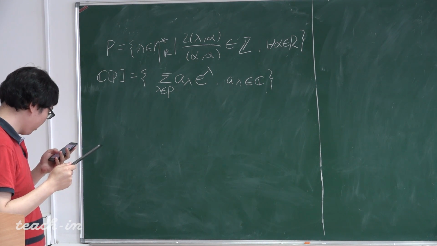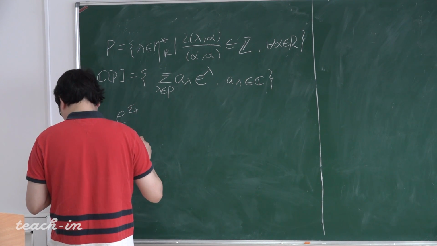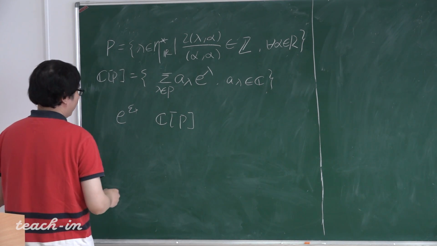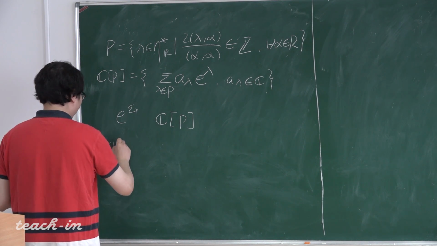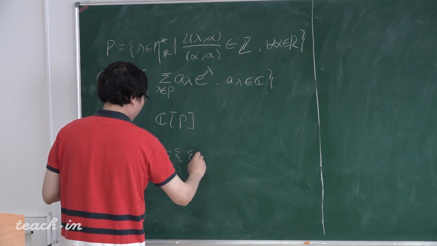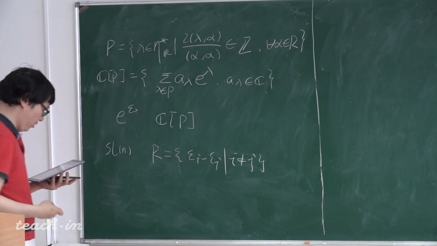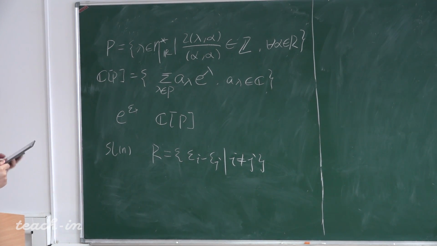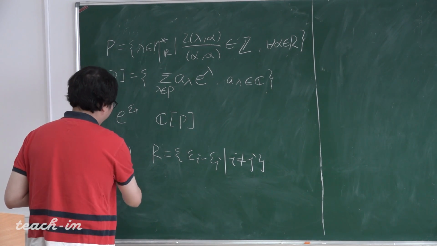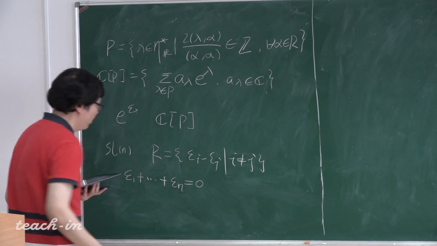Okay, so we want to prove that E generates C. First, we should see in SLN, the actual root system in SLN will be J. This is the conclusion we already have, and for SLN we also have the restriction.